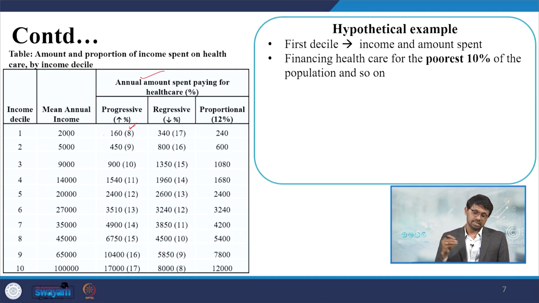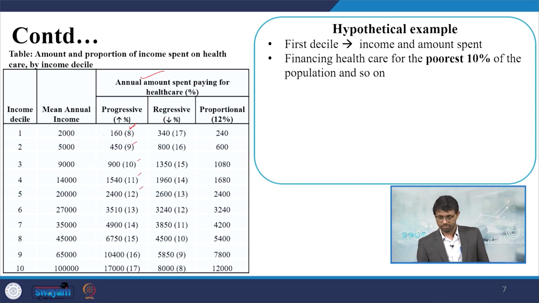Now, it clearly suggests that with the rise in income, your percentage of annual healthcare spending is rising. You can see 9%, 10%, 11%, 12%, and so on. Hence, it is called progressive.